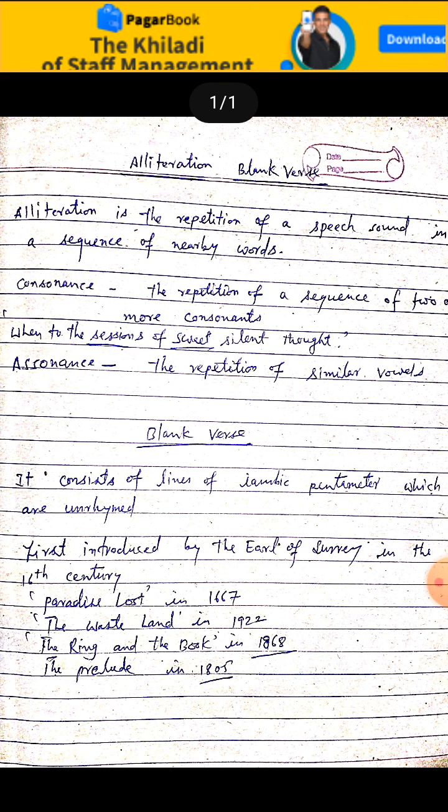Alliteration is divided into two: consonance and assonance. When the consonant sounds are repeated, it is called consonance. For example, we can take the sonnet written by William Shakespeare.